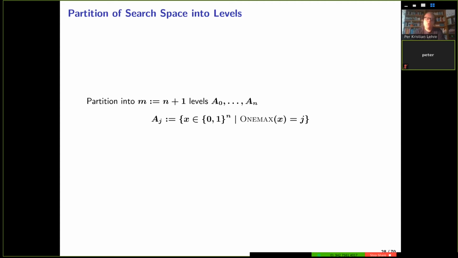The most straightforward way of defining these levels is to use directly the fitness values. We say that we are in level j if the number of 1 bits in a bit string is j. So we will get n plus 1 levels, from level 0 up to n.